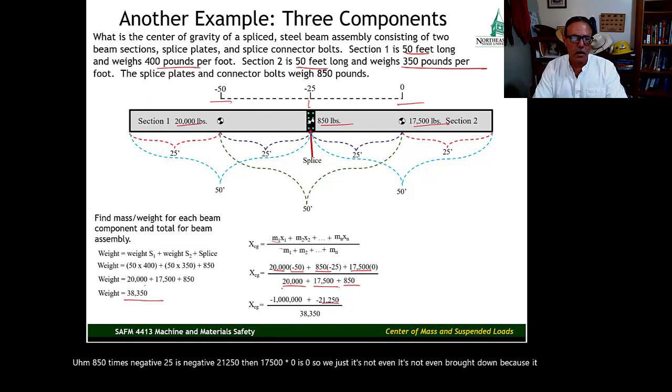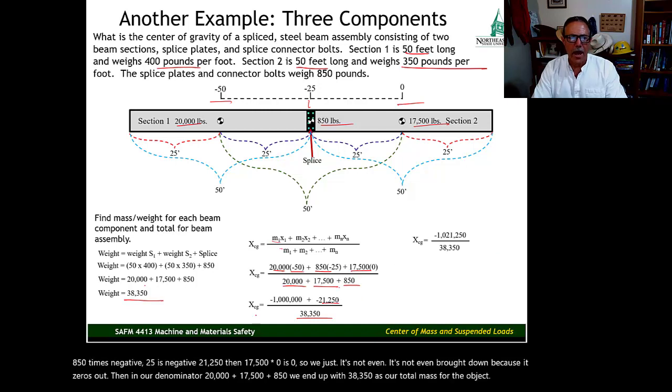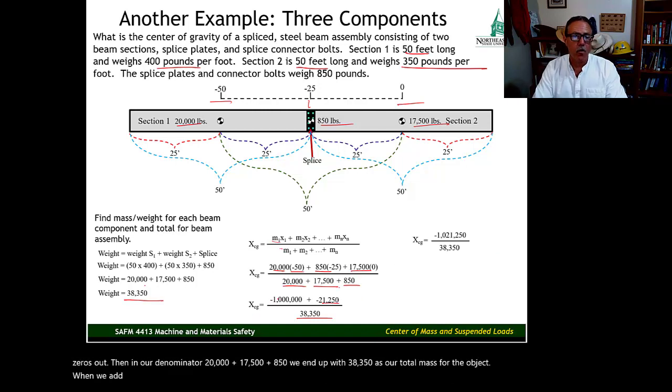Then in our denominator, 20,000 plus 17,500 plus 850, we end up with 38,350 as our total mass for the object. When we add negative 1,000,000 to negative 21,250, we end up with negative 1,021,250. Bring our 38,350 up.